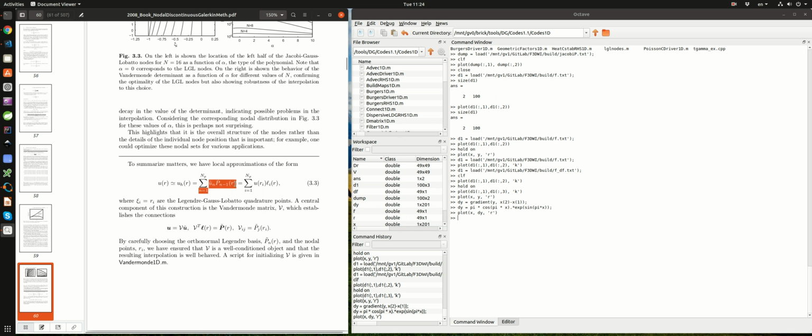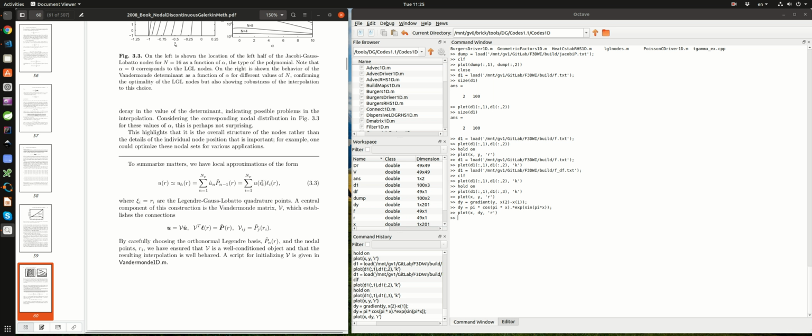So each representation has its own benefits and drawbacks, right? For this modal representation, the polynomial modes are orthonormal. So the Lagrange polynomials are orthonormal to each other. So they are kind of perpendicular, right? That's a good thing because that gives you, if you are sticking it into a differential equation, then the mass matrix is kind of diagonal, right?